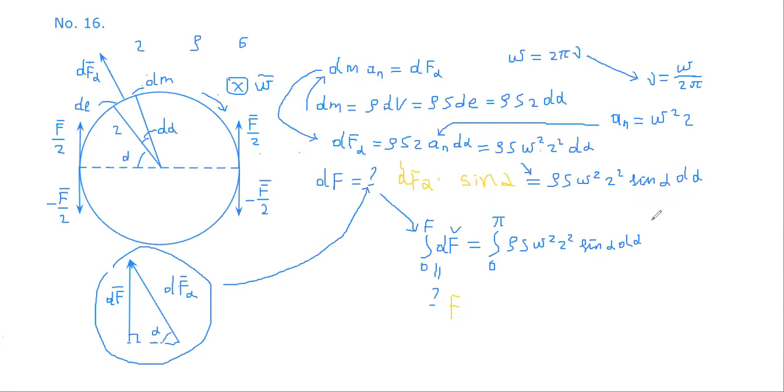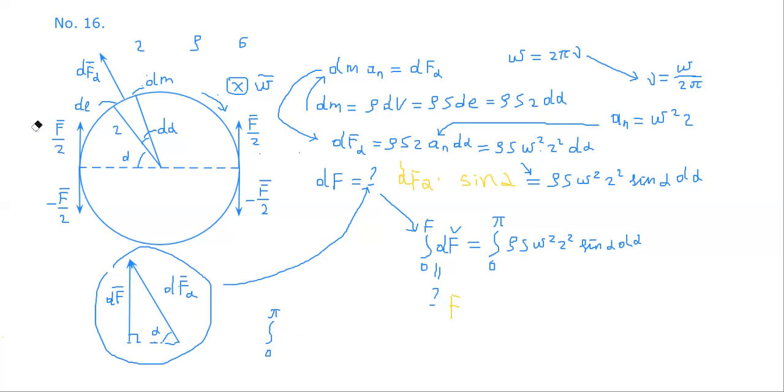Yes, it will be F. And in the right side we have the integral from 0 to pi of rho S omega squared, r squared.